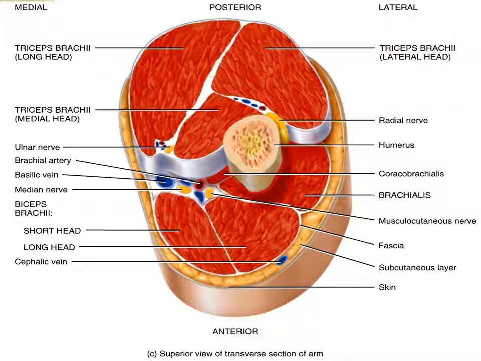The ulnar nerve travels in the intermuscular septum between the medial and long heads of the triceps brachii muscle. And the ulnar nerve travels posterior to the medial epicondyle of the humerus, and then the nerve becomes superficial in the ulnar tunnel, again, but still in the posterior aspect of the upper arm.